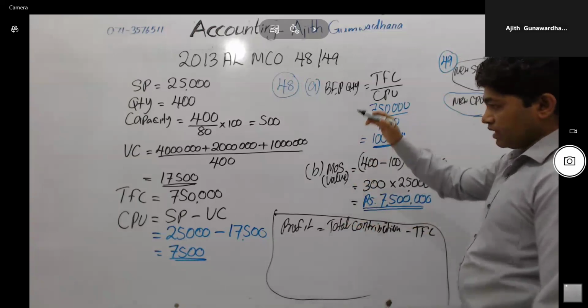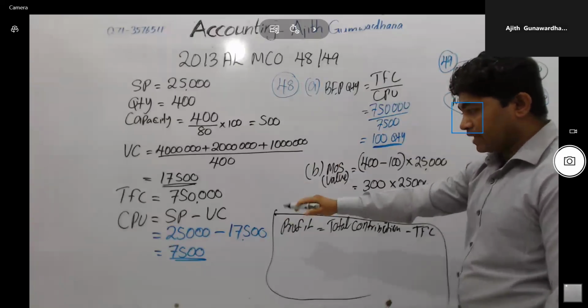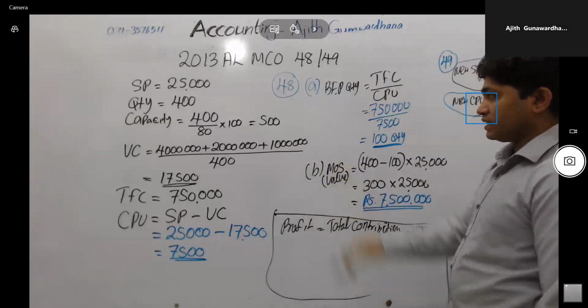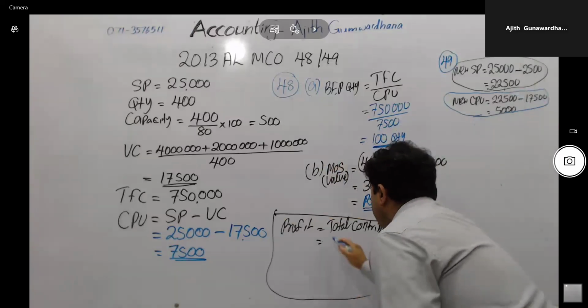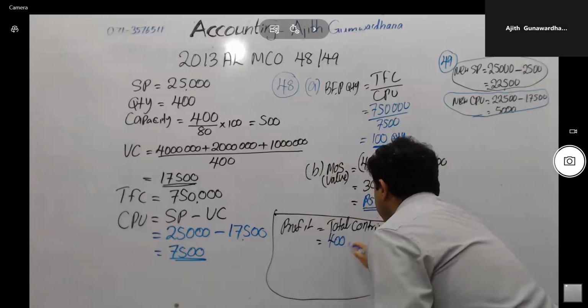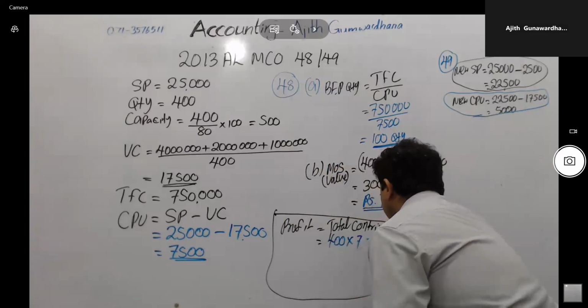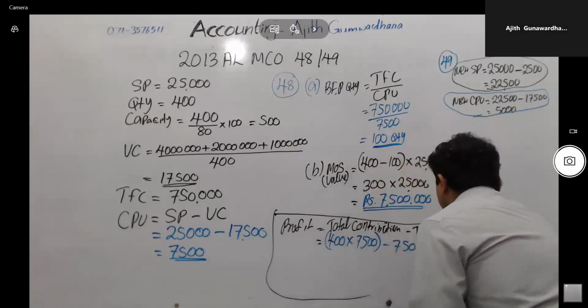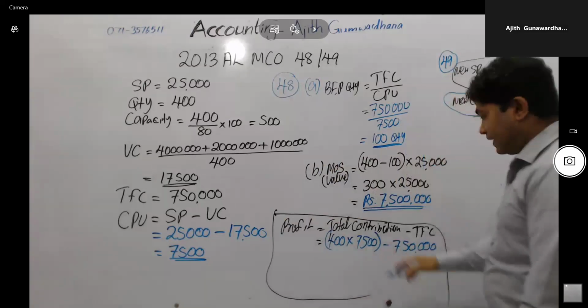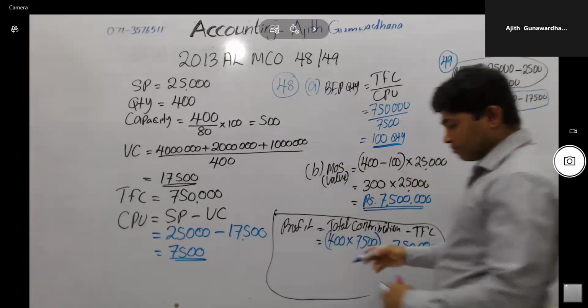Contribution per unit equals 7,500 before the selling price is reduced, and sales quantity is given as 400. Therefore, total contribution can be calculated: quantity 400 and contribution per unit 7,500. This is the total contribution, and total fixed cost is given as 750,000.